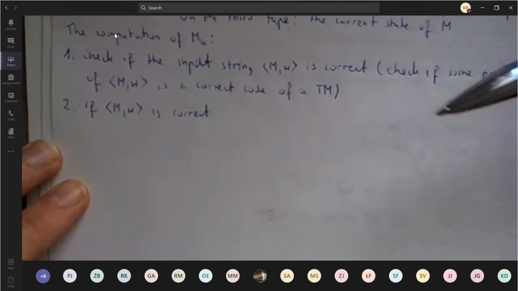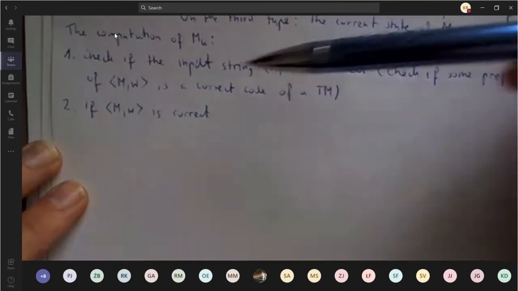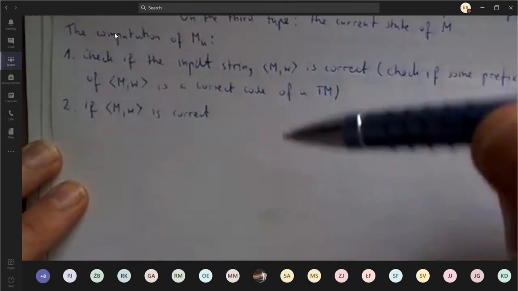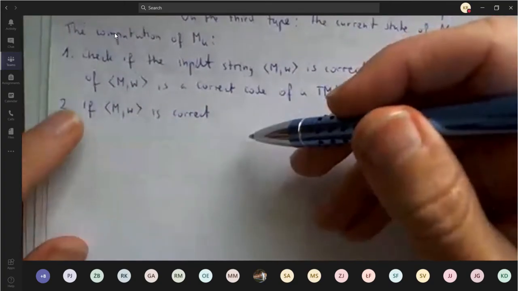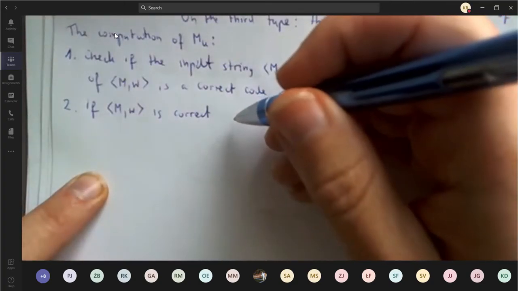It does not accept W. So if it is not a correct input string, then the answer is no. And now we consider the case where it is a correct input string.